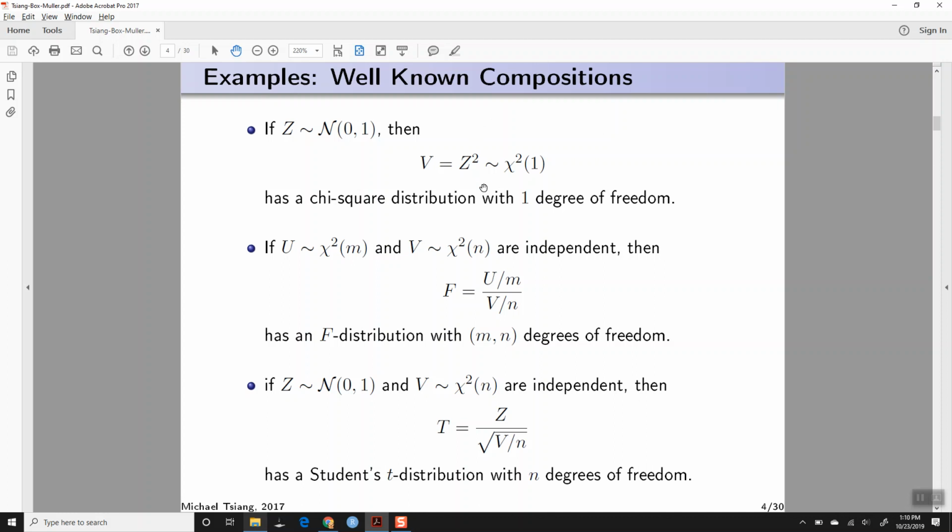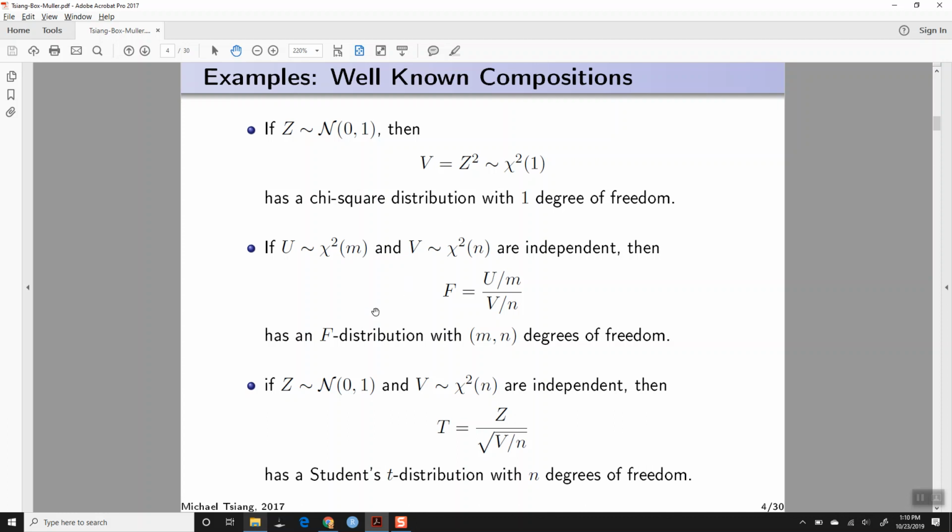So if you wanted to generate values from the chi-squared distribution with 1 degree of freedom, you can just generate values from the standard normal and then square them, okay? And if you wanted 4 degrees of freedom, you do 4 of these and you add them together, right? We'll see later on what we call the convolutions, okay?